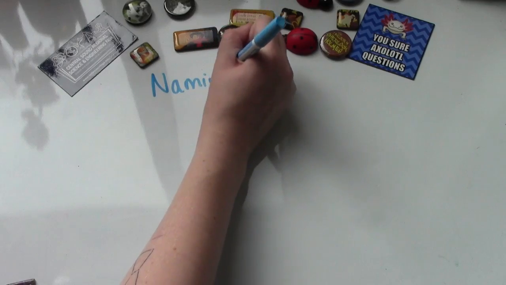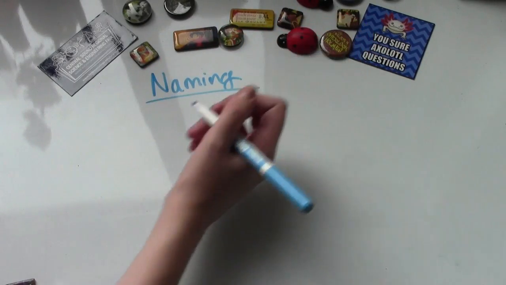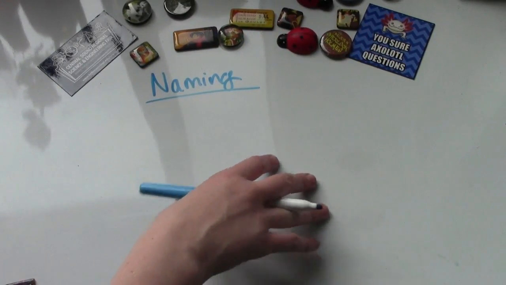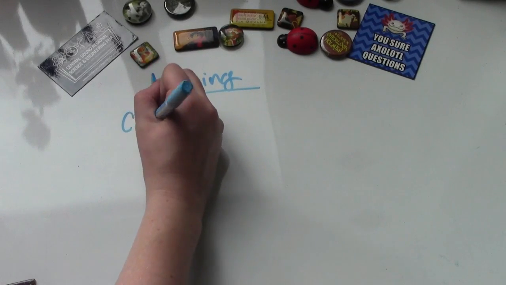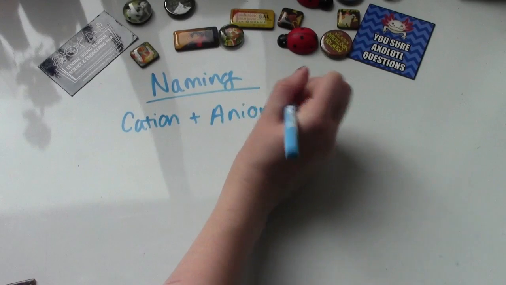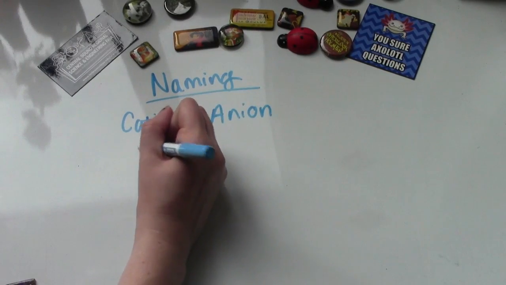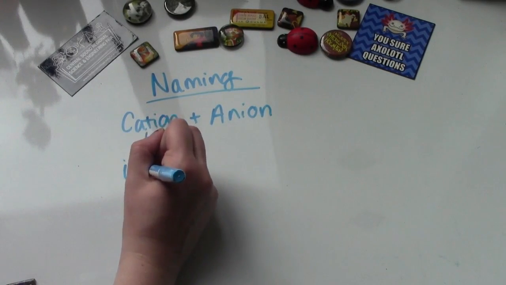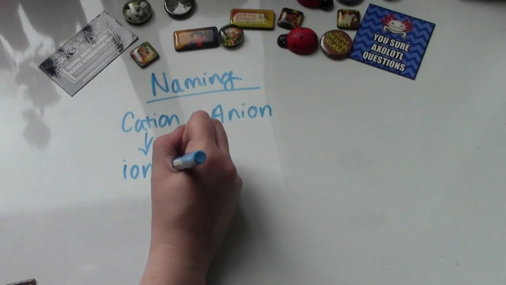Naming compounds is not that complicated, but there is an art to it. The thing to remember with compounds is that it's really a cation plus an anion. What are cations and anions? A cation is an ion with a positive charge.